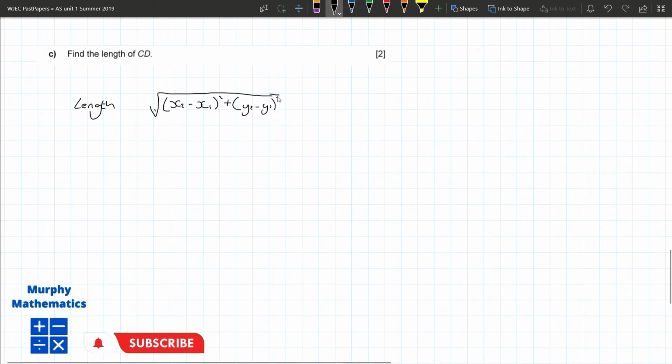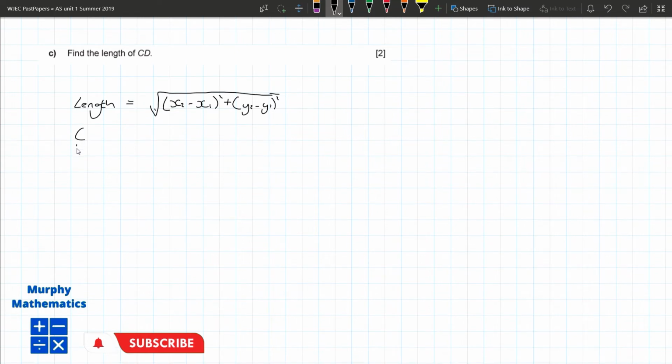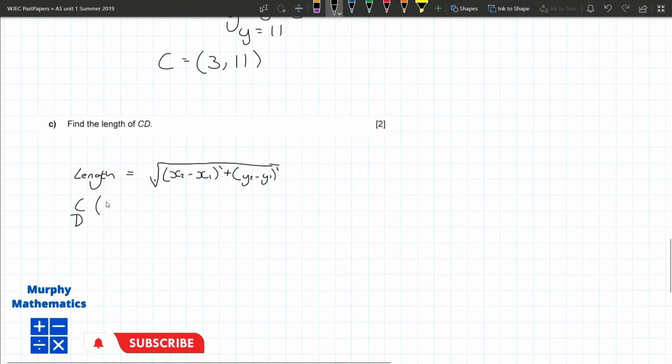Awesome. Okay, so using C and D we need those coordinates. C is 3, 11, D is 25, 0.